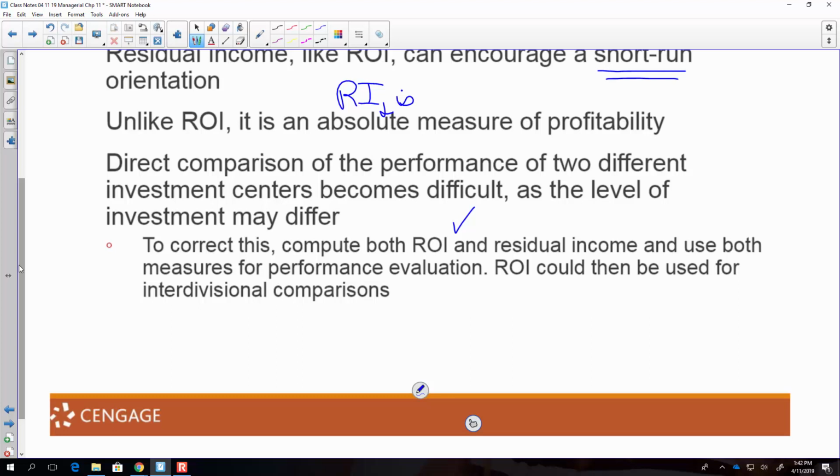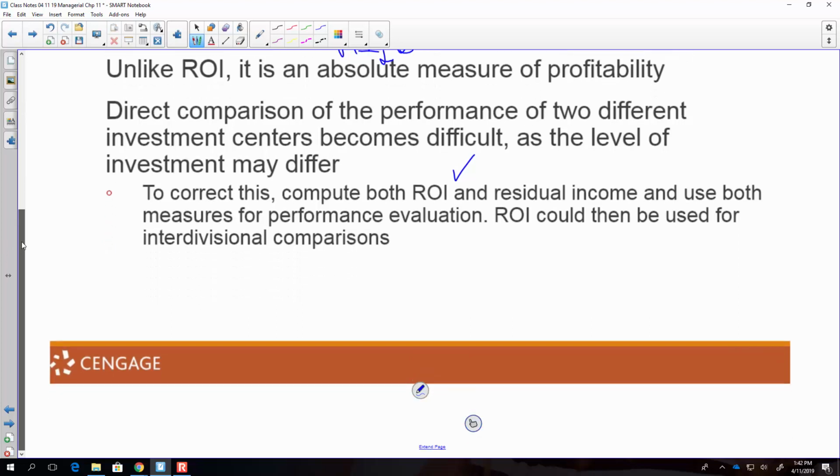competing projects, so I need to find that. I'm not seeing it in my notes. Let me see if I can find it further in my notes. When it talks about which is best, residual income or return on investment.